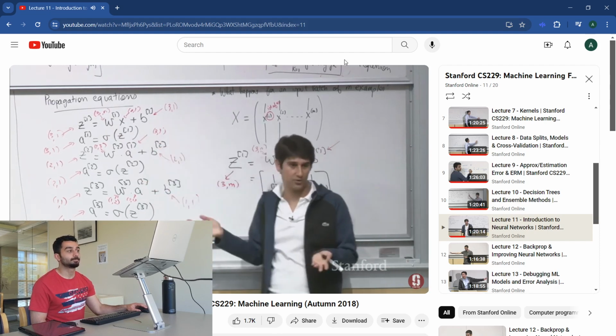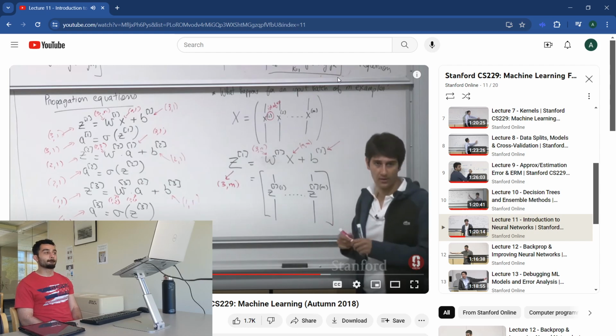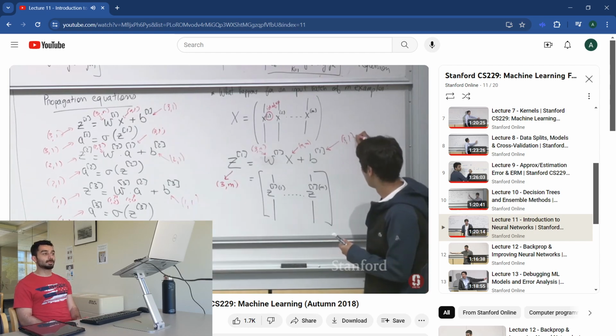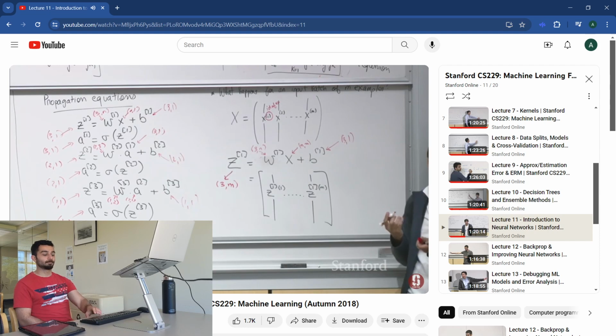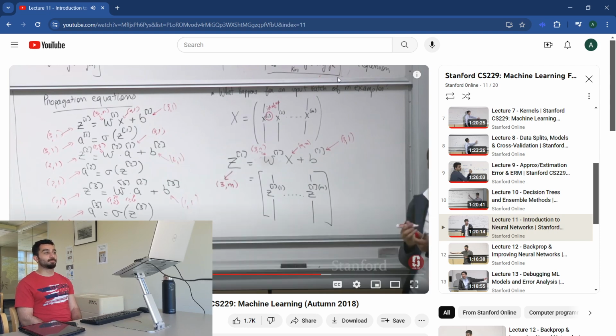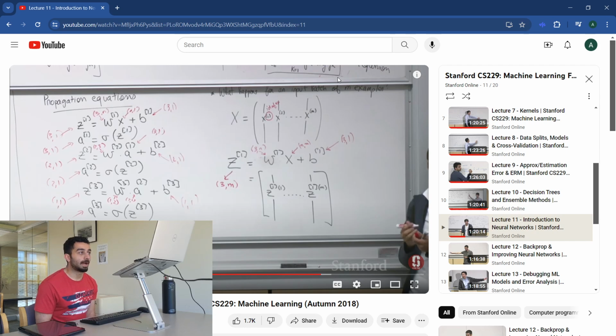B should have the same shape as it had before, right? Should be 3 by 1. What is the problem of this equation? Actually, there is no problem. We are just now training our data on a bigger data set.